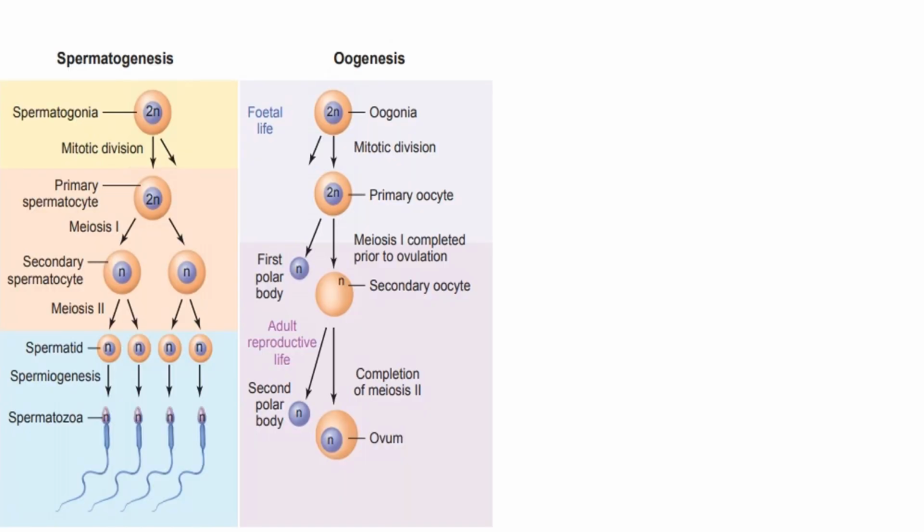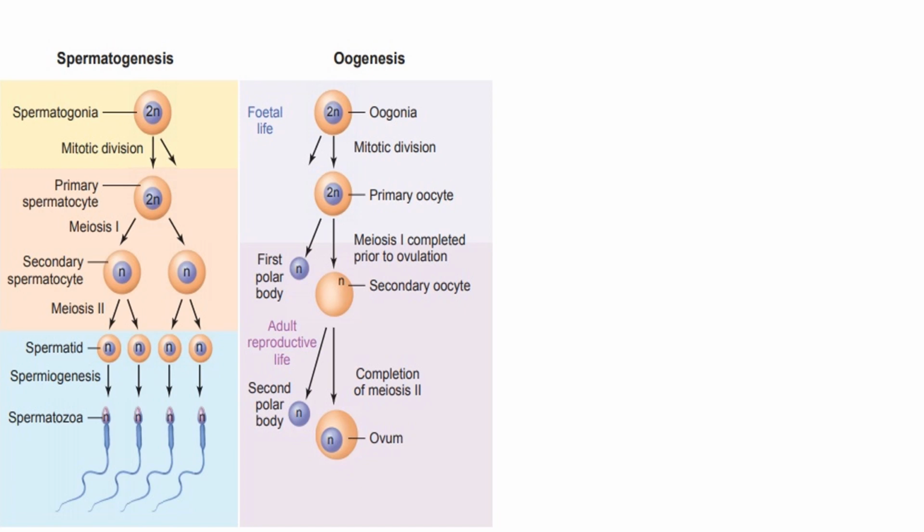There can be structural or numerical chromosomal anomalies if the cell division does not occur in the normal way. We will quickly revise the difference between spermatogenesis and oogenesis. Spermatogenesis occurs in the male in the testis, and oogenesis occurs in the female in the ovaries. Spermatogenesis produces a large number of gametes, and it is a lifelong process.